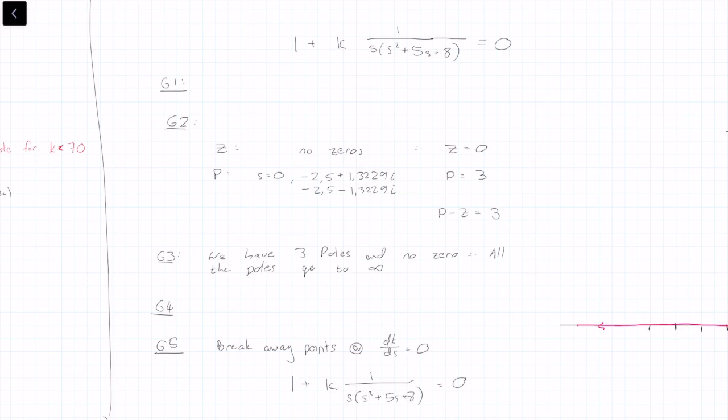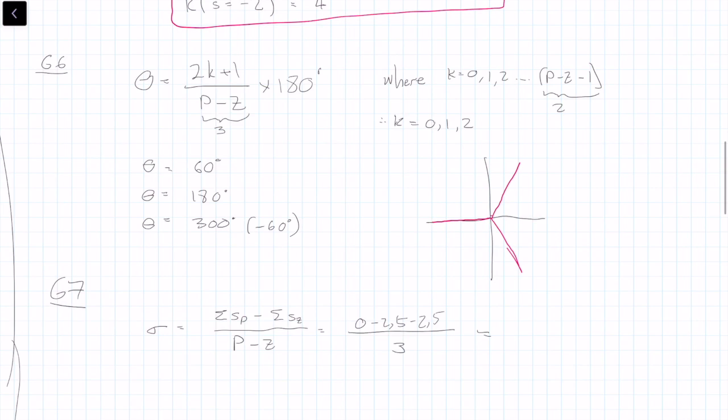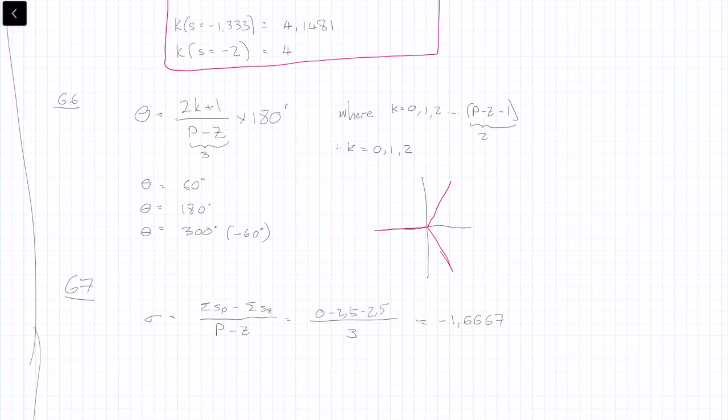And the sum of the poles, we only consider the real parts here, so it's going to be 0 minus 2.5 minus 2.5, minus 0 essentially, because there are no zeros. So therefore we get minus 1.6667. Okay, so that is where the centroid of the asymptotes exists.